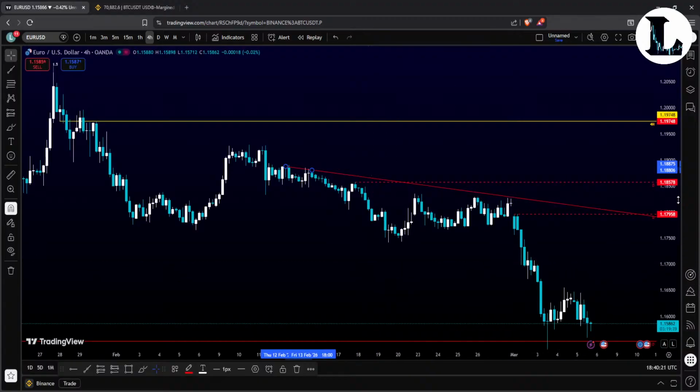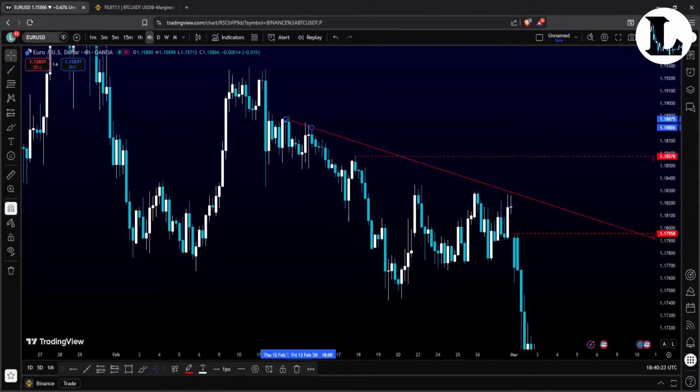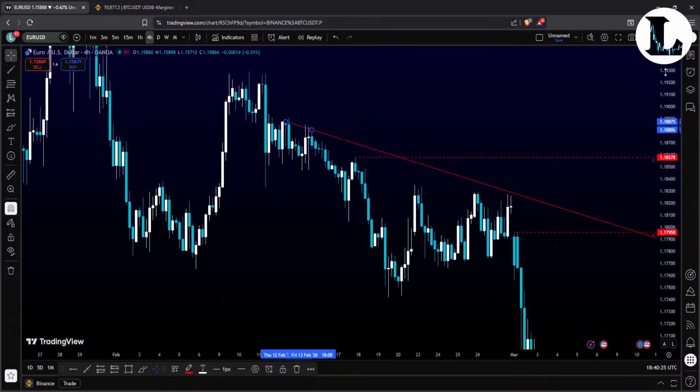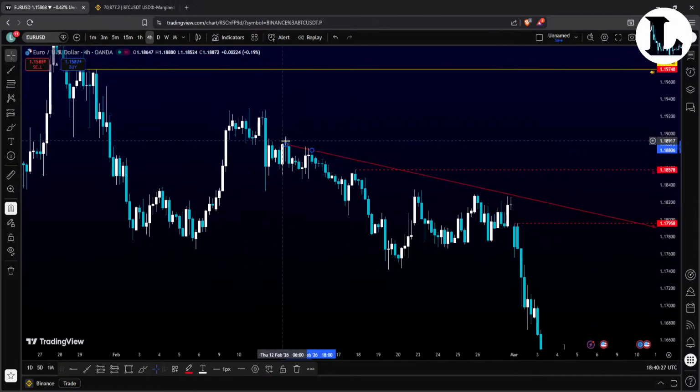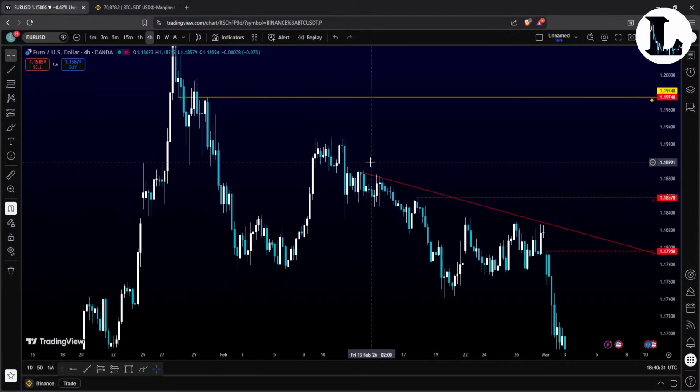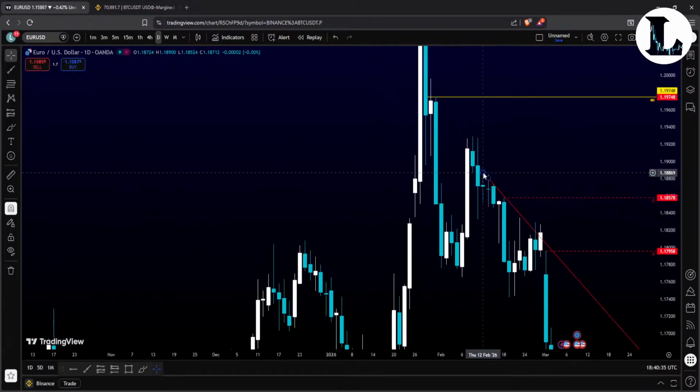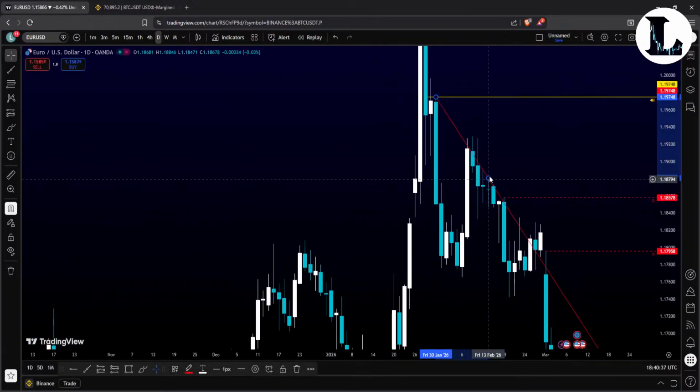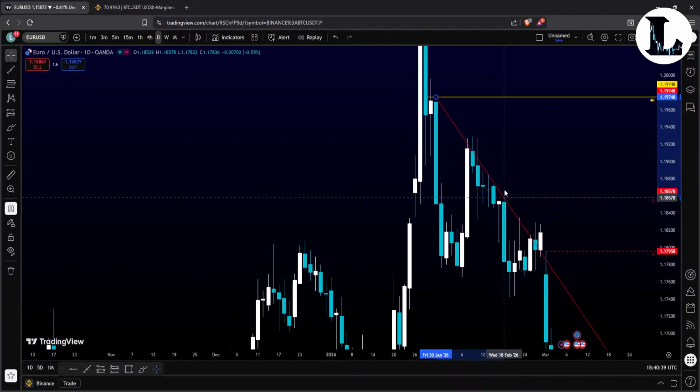Oh, we don't go there. So it's kind of not created yet. Even though we have a downtrend, I kind of don't like this downtrend, guys. This one here was not created.